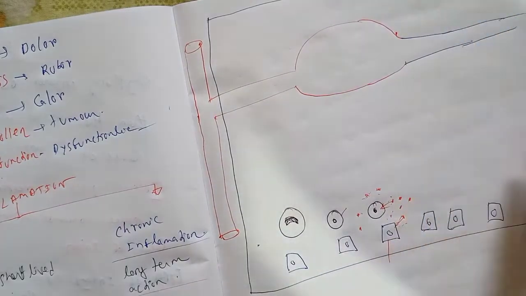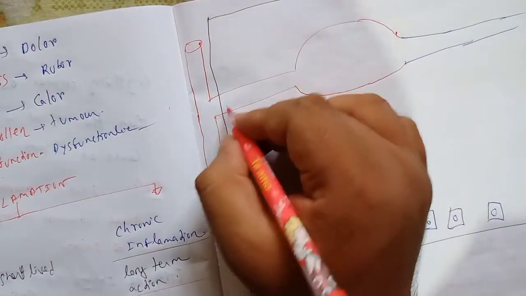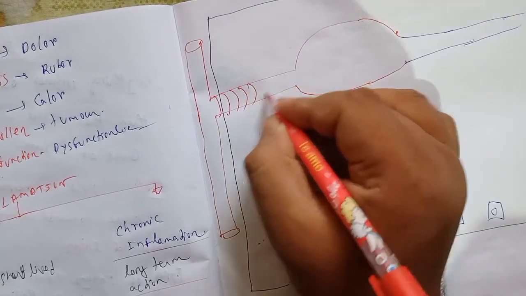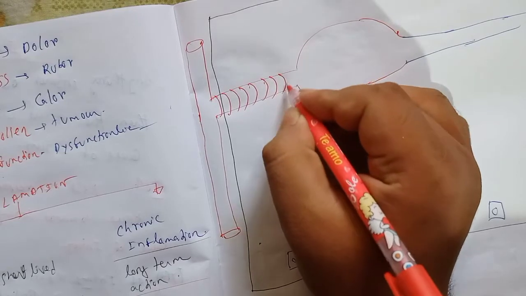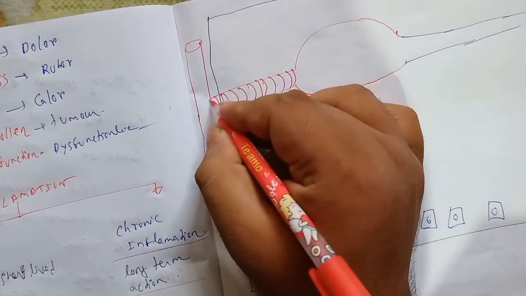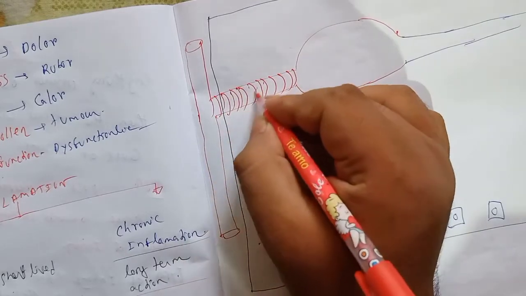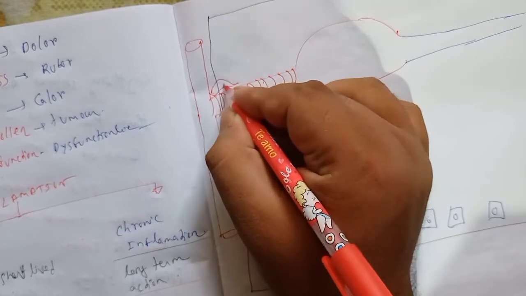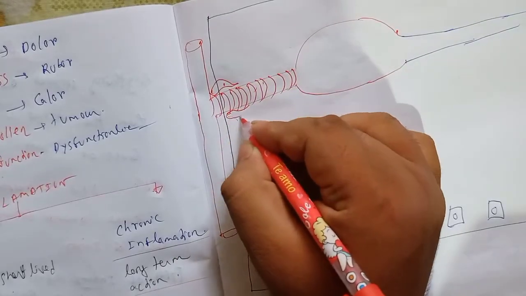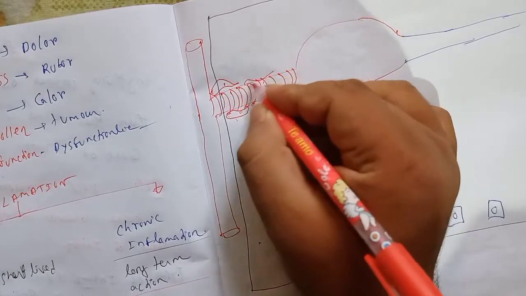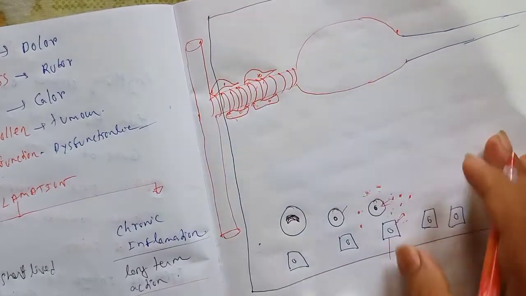Now you know that in the arteries there are smooth muscles, the circular smooth muscle, and outside also there are smooth muscles.